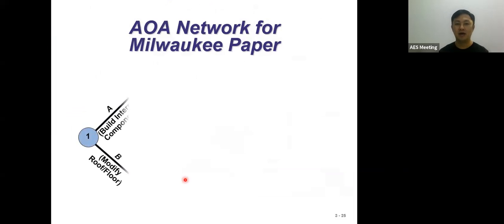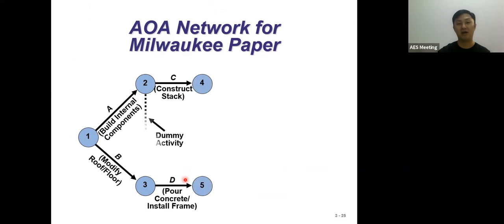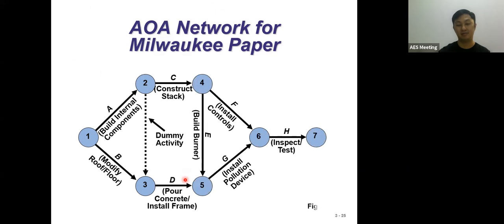So how about AON? AOA itself here is different from AON. AON is very straightforward, but AOA, we are saying that the line itself here. As I mentioned, for example, A activity is build internal component. B activity is modify rooftop. So what happens for pour concrete?